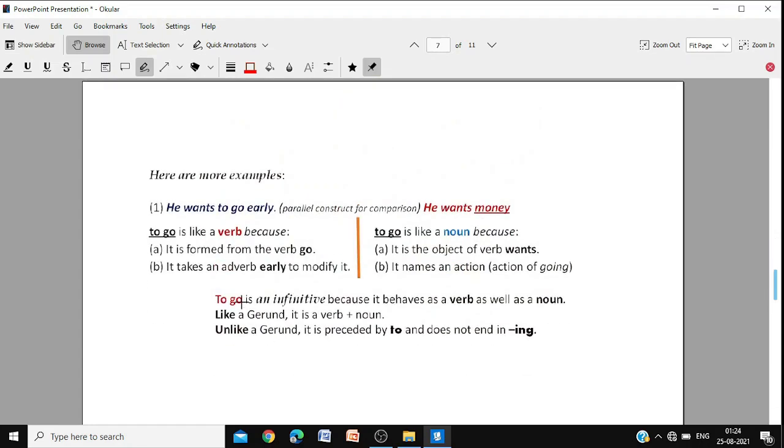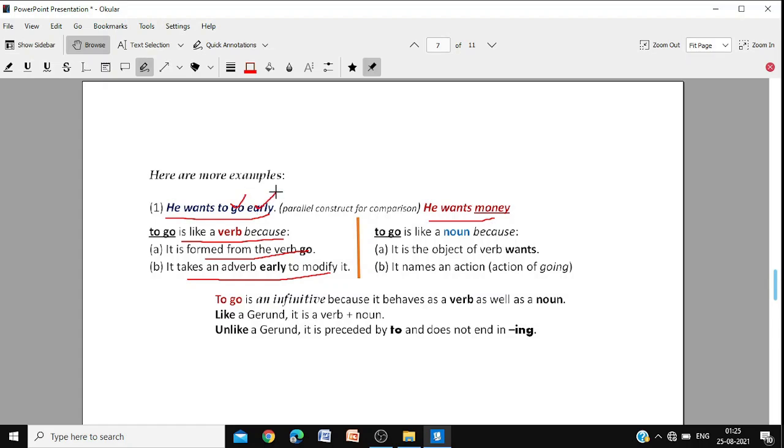Here are some more examples. He wants to go early. Now we have a parallel construct. He wants money. He wants to go early. To go is a verb because it is formed from the verb go. It takes an adverb, early. He wants to go. When? Early.